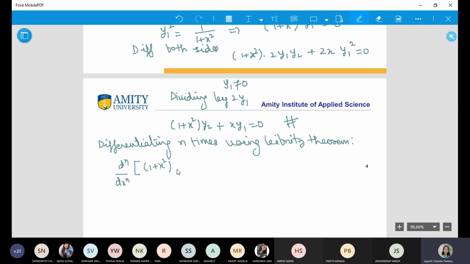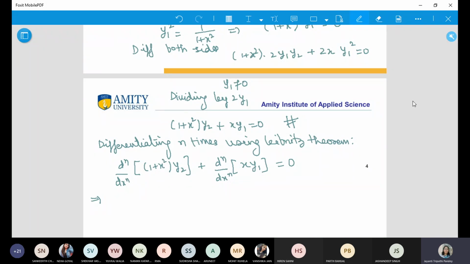This is one part. This is second part and right side is 0. That means here we will apply Leibniz and here we will apply Leibniz. Now I am applying Leibniz. Just see what I am getting. First function is this and second function is this.